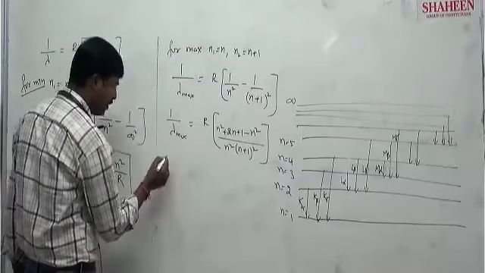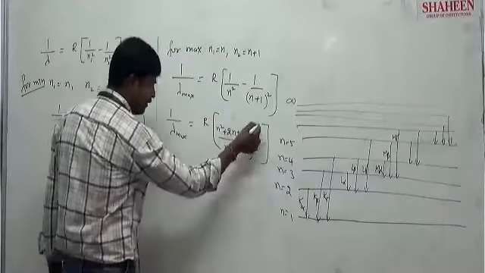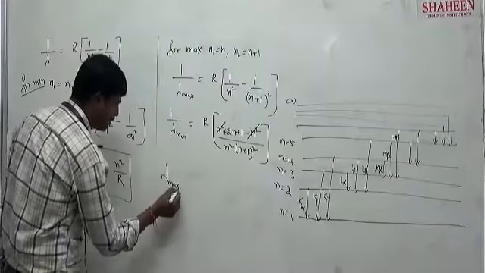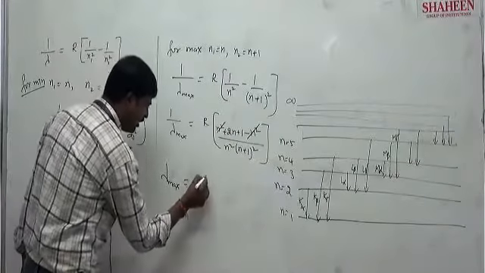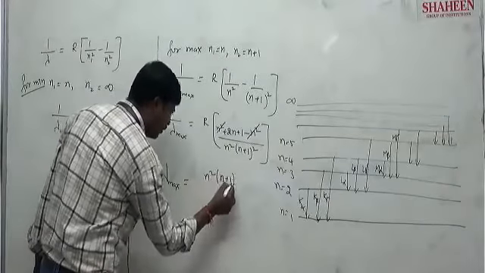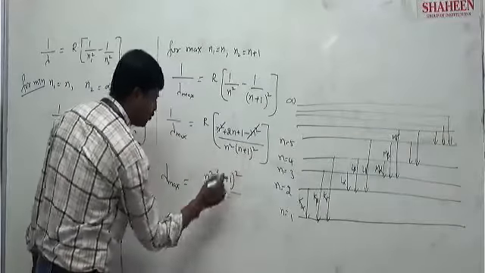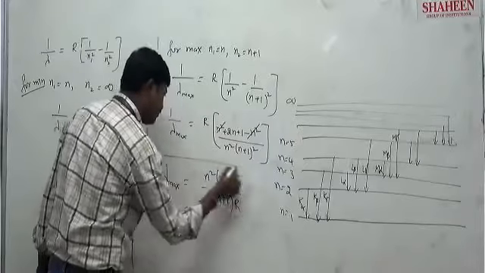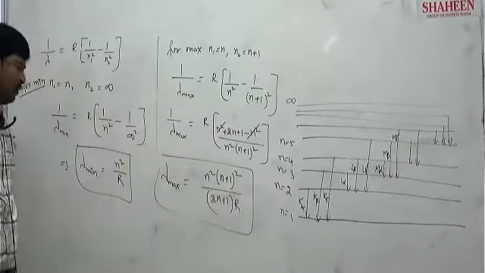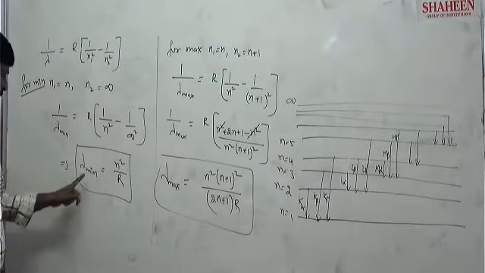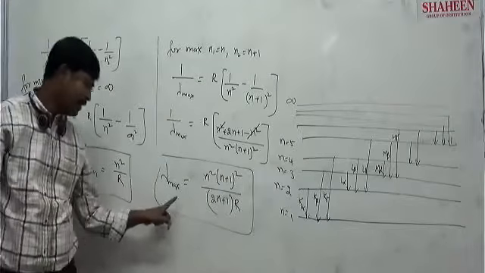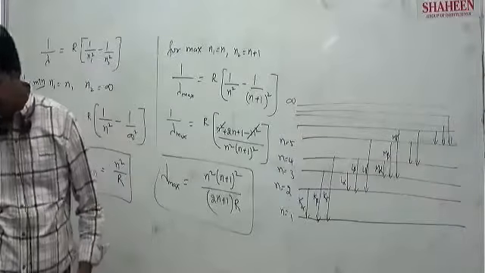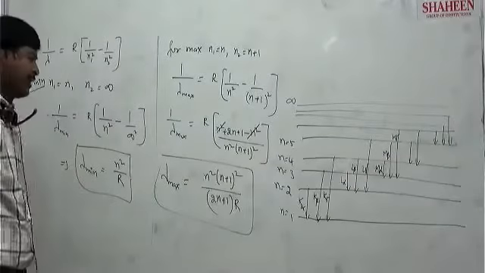The n square cancels. So lambda maximum is n square into n plus 1 whole square by 2n plus 1 into R. Clear? So lambda minimum is n square by R, and lambda maximum is n square into n plus 1 whole square by 2n plus 1 into R. Is it clear?